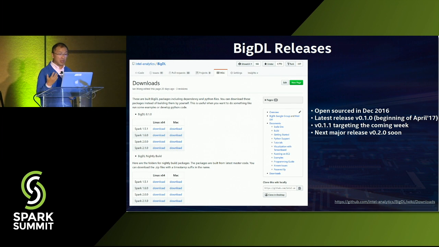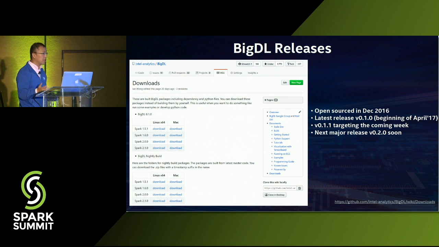We are currently working on a follow-up release, 0.1.1, which will be coming out in the coming week. Our next major release will be 0.2, coming out soon. If you go to our GitHub repository, there is a download page. You can get all those releases as well as our nightly build.